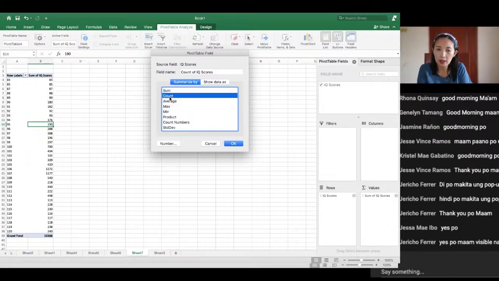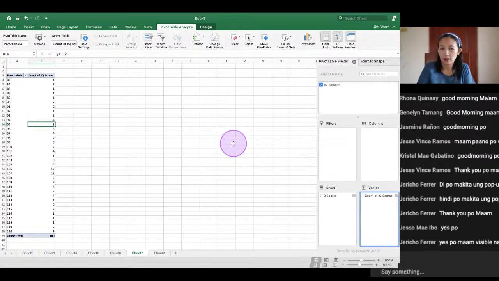Then click OK. Automatically, it will now display the count of IQ scores, the frequency of scores. But this is not grouped, because it only lists individual scores. We want a grouped frequency distribution.